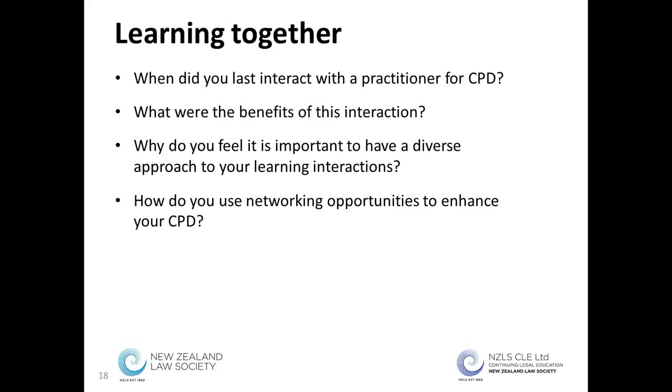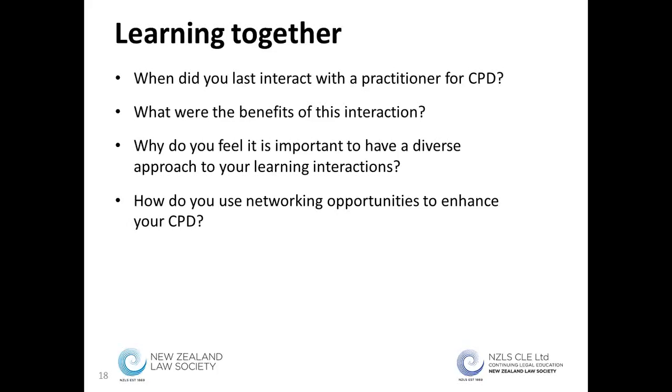How does it help you to vary the way in which you go about learning and the persons with whom you engage in that learning process? And finally, for now, how do you use networking opportunities to enhance your own continuing professional development? Do you take advantage of the people you know, the people they know, and the opportunities of bringing them together?